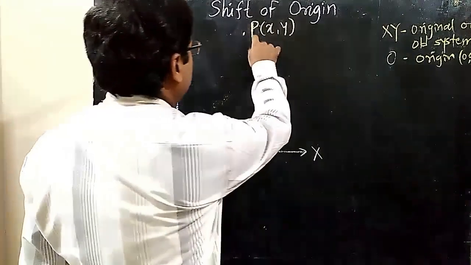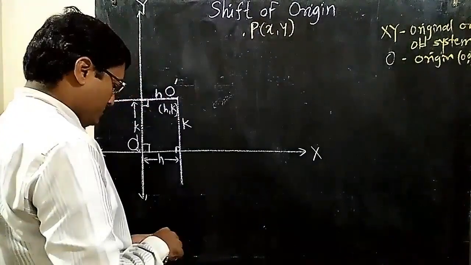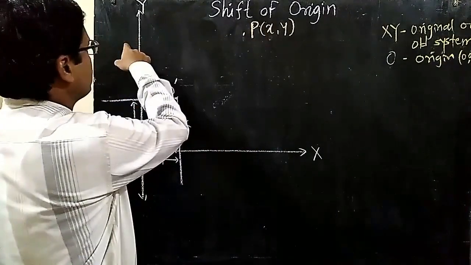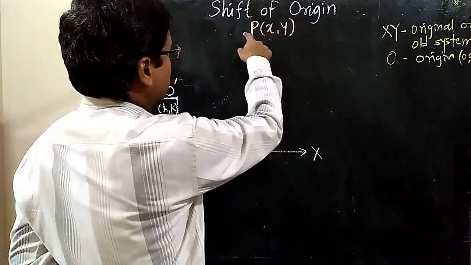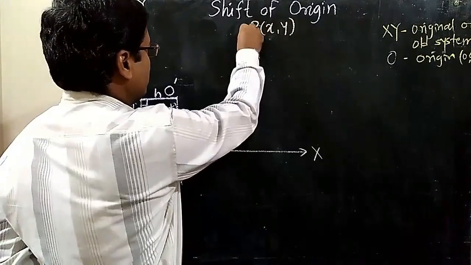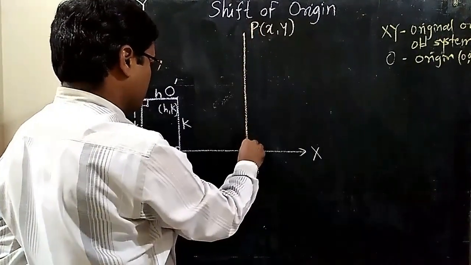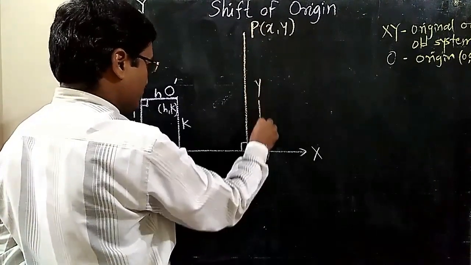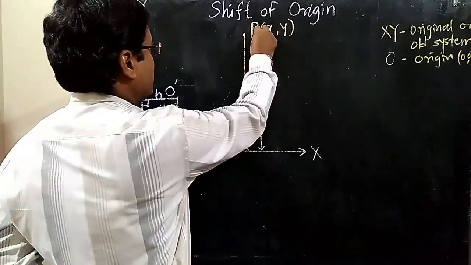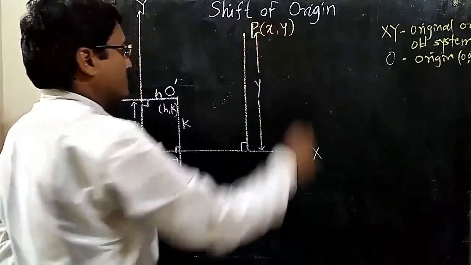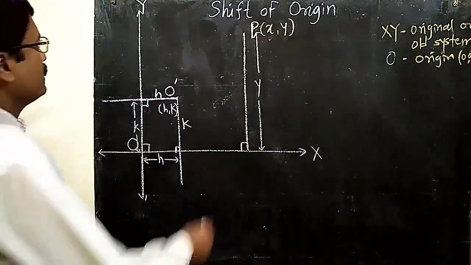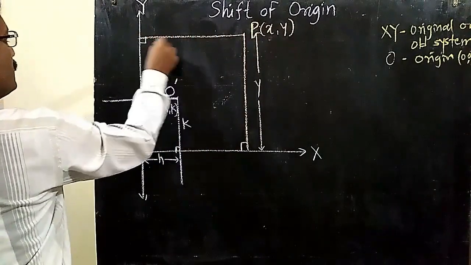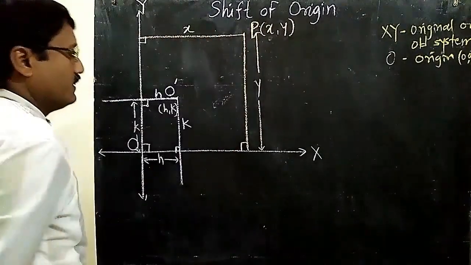If you think about this point P, then its x coordinate is nothing but the distance of point P from y axis, and y coordinate is nothing but the distance of P from x axis. So if you draw perpendicular here, then the length of the perpendicular is nothing but distance y, that is the y coordinate of point P. If you draw perpendicular from point P on this axis, then the length of the perpendicular is nothing but x.